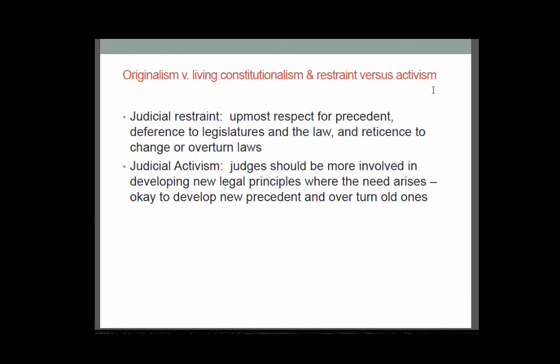Again, with these, we typically correlate judicial restraint with conservative or Republican ideas and judicial activism with liberal or Democratic ideas. But in reality, these two views get embraced depending on how it fits your needs. You would see under a restraintist model that the court would stay out of something like Obamacare, the Affordable Care Act, because they would say, well, the legislature decided it, and we should let the legislature decide what they'd like to do.